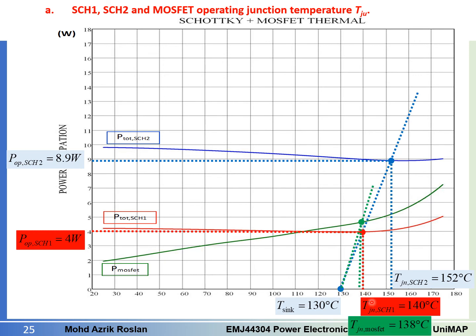So the junction temperature for the MOSFET is 138 degrees C, and when we draw a straight line to the y-axis, you will get the power of the MOSFET is 4.6 watt. So these are the operating junction temperatures for Schottky 1, Schottky 2 and the MOSFET.